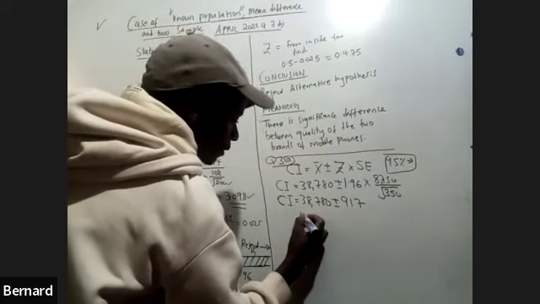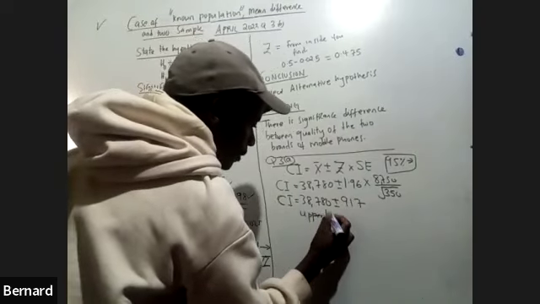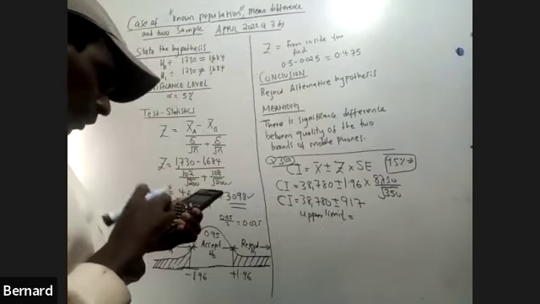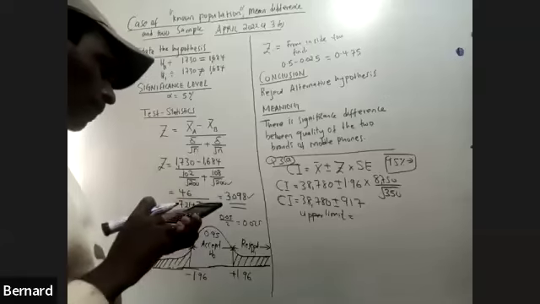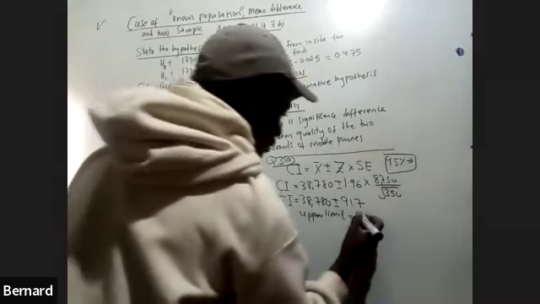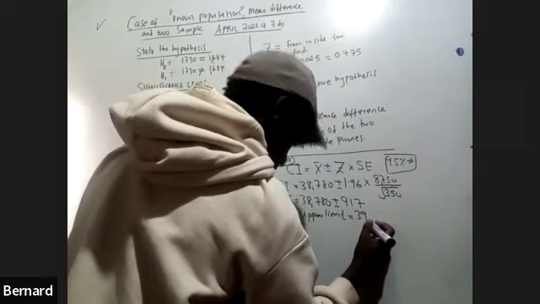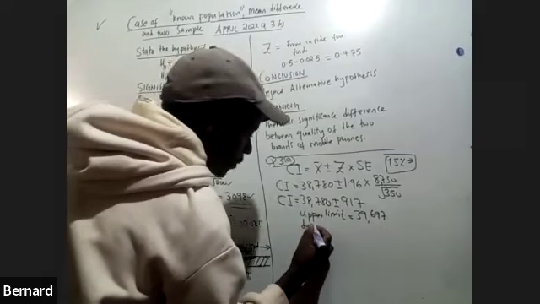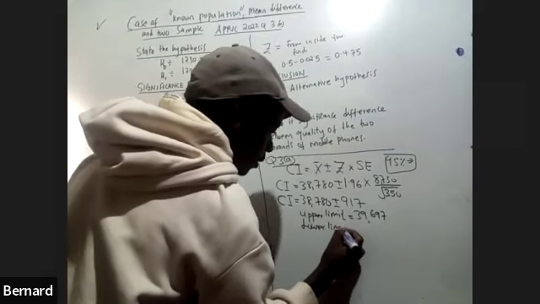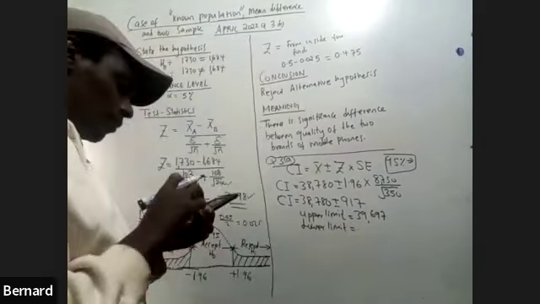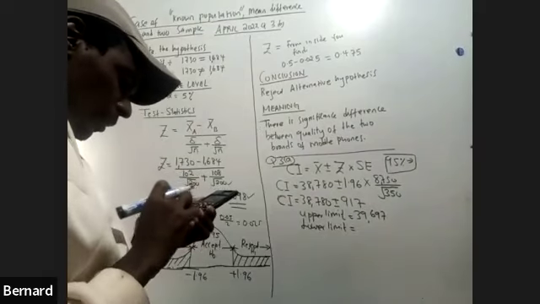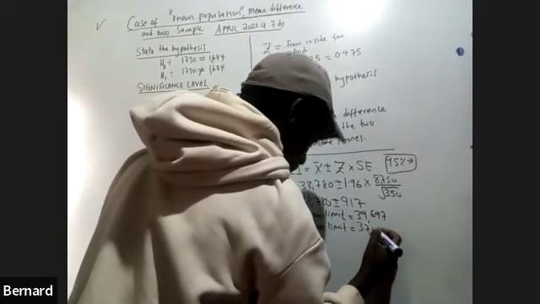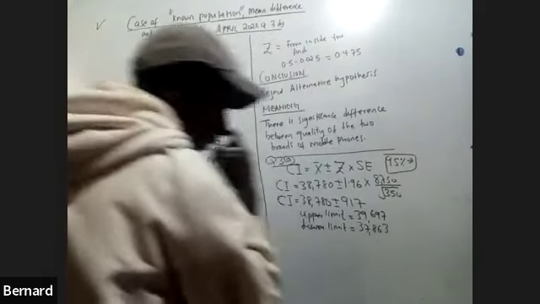Then find the upper limit: 38,780 plus 917, which is 39,697. Then the lower limit: we subtract, which gives 37,863.